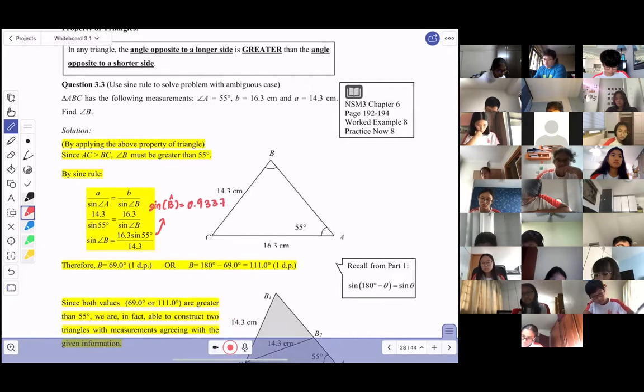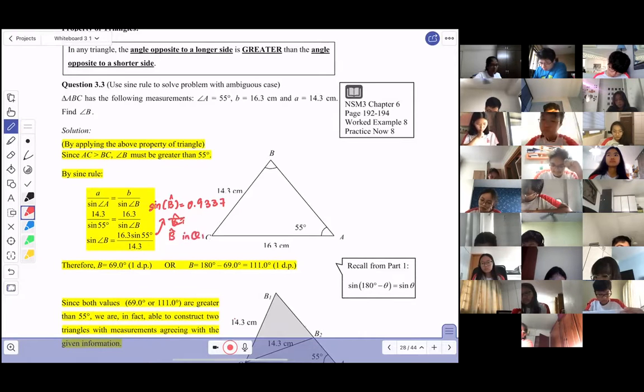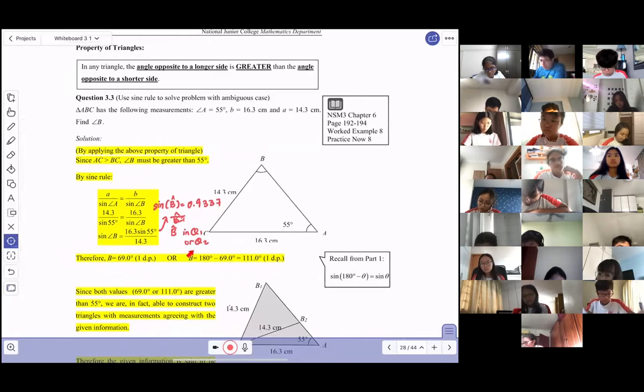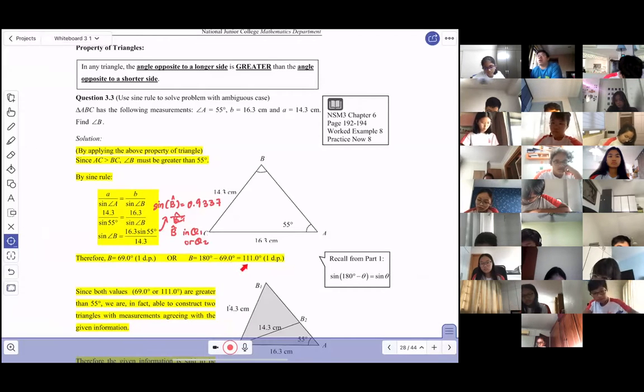So you can see that angle B could be in quadrant 1 or quadrant 2. That is why the answers can be in the first quadrant or the second quadrant.